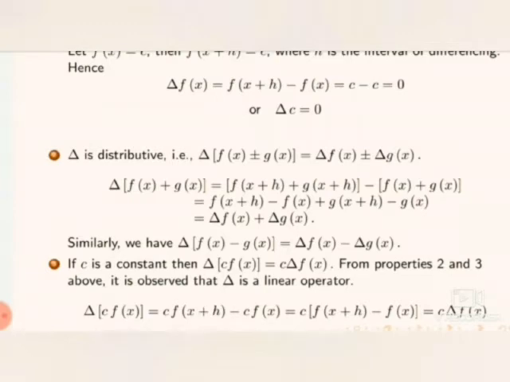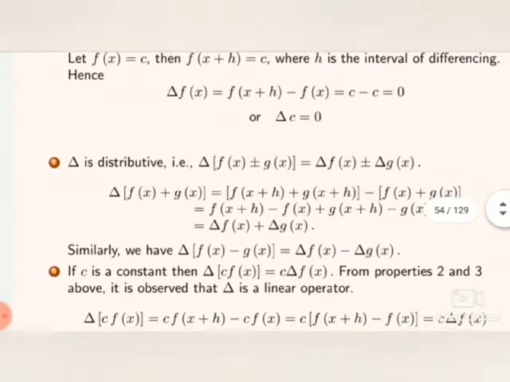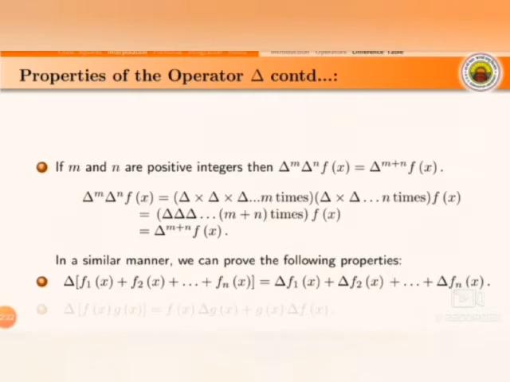When you apply the formula, del of c f of x equals c into f of x plus h minus c into f of x. Taking the constant as a common value outside, we get c into f of x plus h minus f of x. You know f of x plus h minus f of x is the forward differencing, so we get c into del f of x.